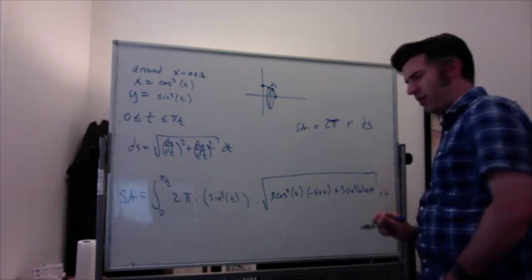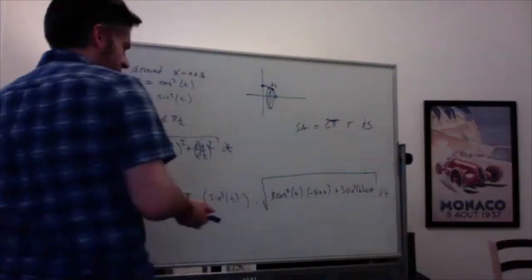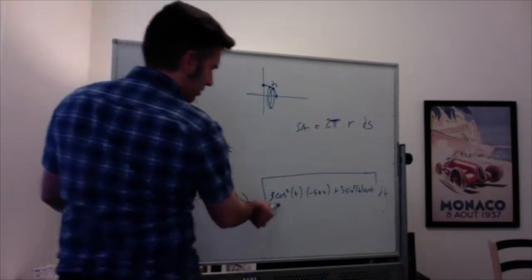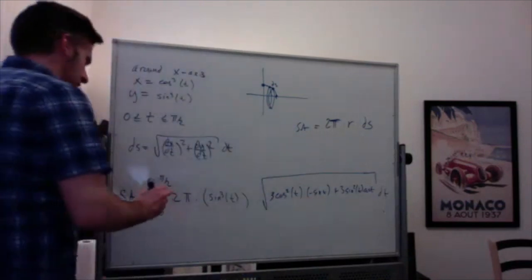I'm not feeling good about this. So let's see, what do we got here? I can factor out a cosine and a sine and a 3.